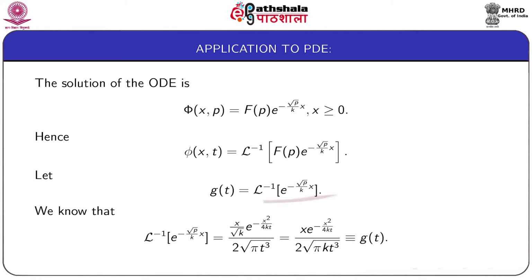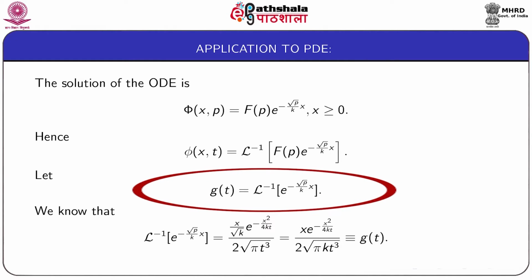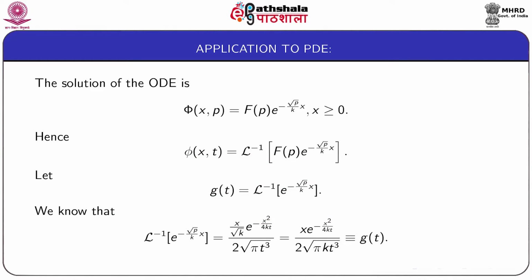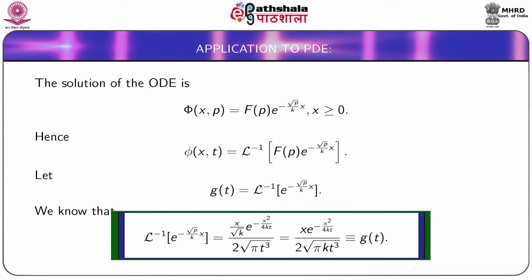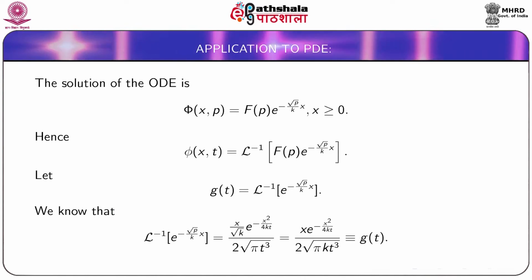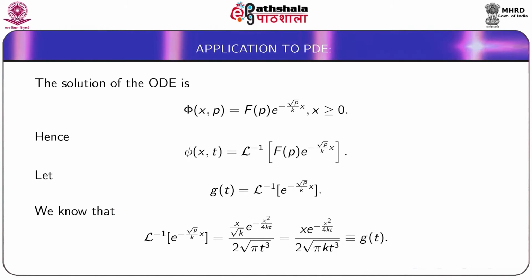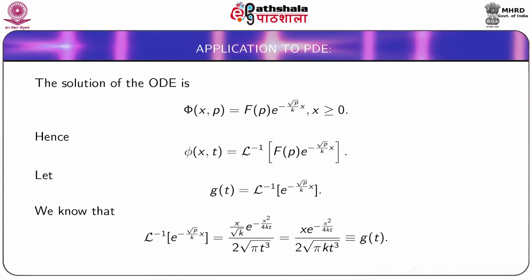Let G(t) be the Laplace inverse of the function e^(-√(p/k) x). And we have obtained earlier in module 4 chapter 7 that the Laplace inverse of e^(-√(p/k) x) is equal to x/√k e^(-x²/4kt) divided by 2√(πt³).